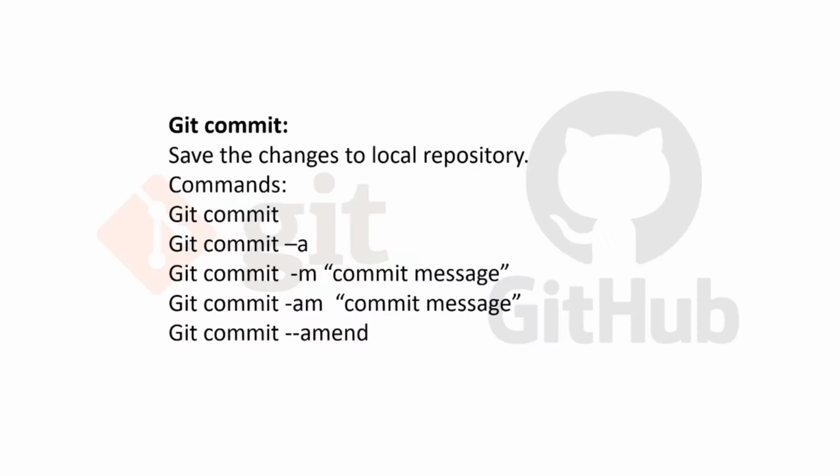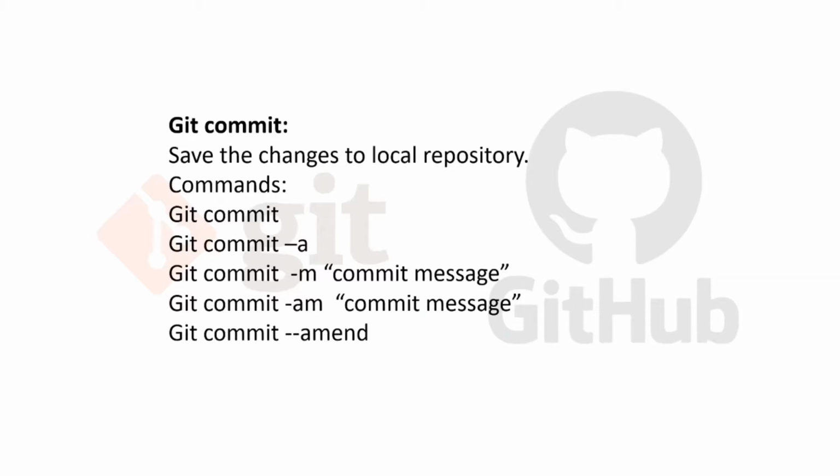Let's move to the next command, git commit -a. This means only modified files. Suppose you are in a project and some files are already synced with your local repo. On top of that you added some more files.